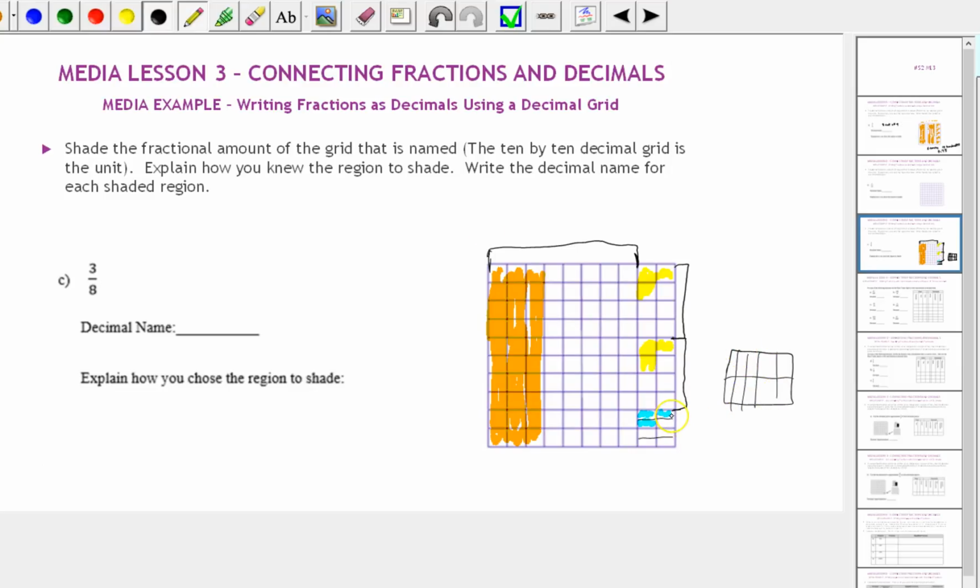So if we shaded half of a hundredth, that's half of this zooming thousandths. Remember, this is 1/100th. Zoomed in, cut into 10 pieces, so each one of these pieces is 1/1000th.